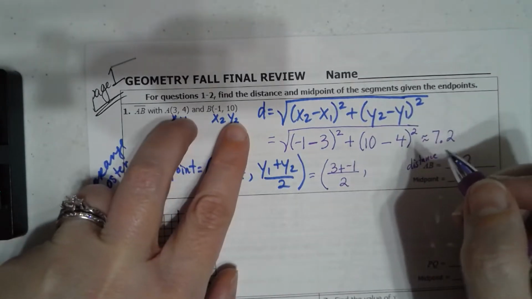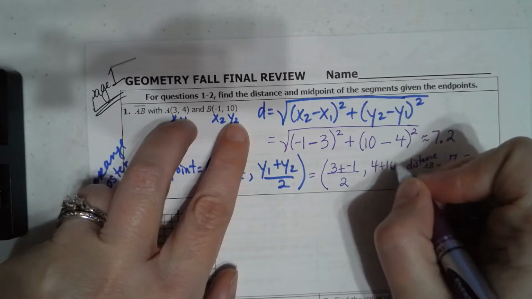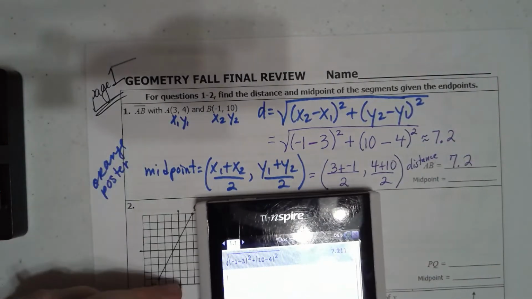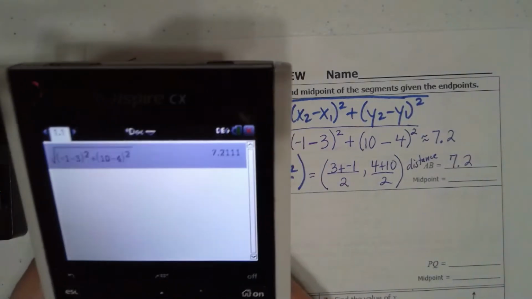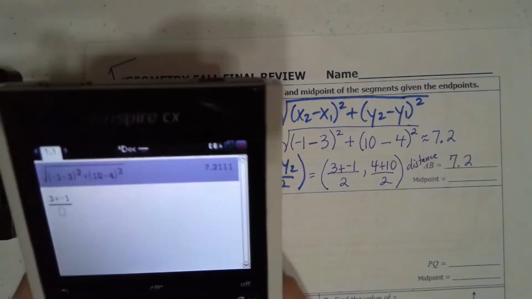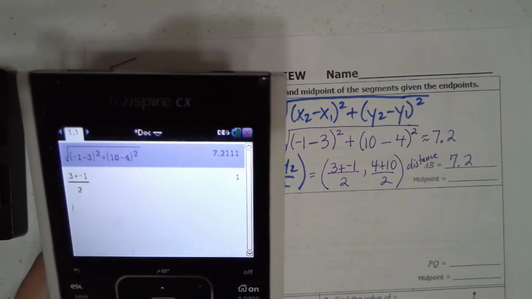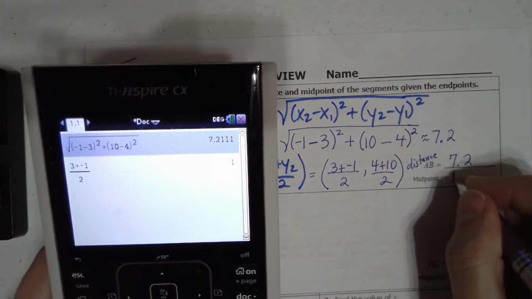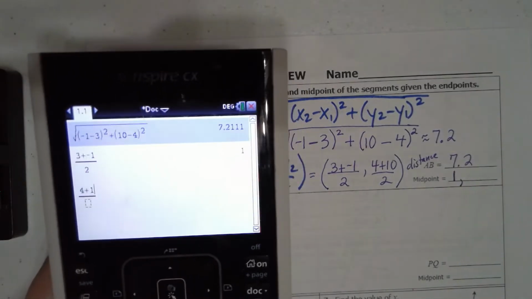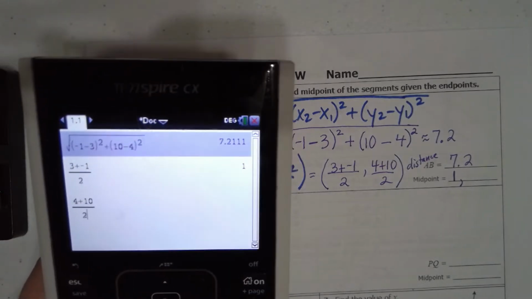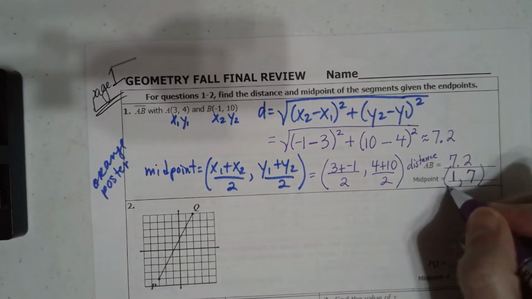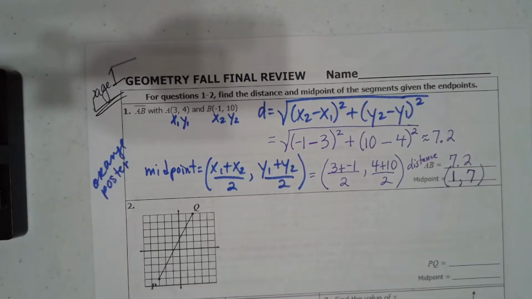Then we do the same thing for the y values, 4 plus 10. So 3 plus -1 divided by 2 is +1. And then 4 plus 10 is 14, 14 divided by 2 is 7. So our midpoint is (1, 7).